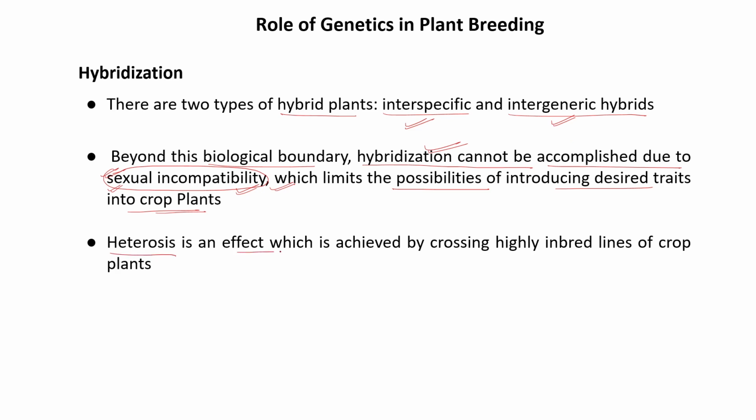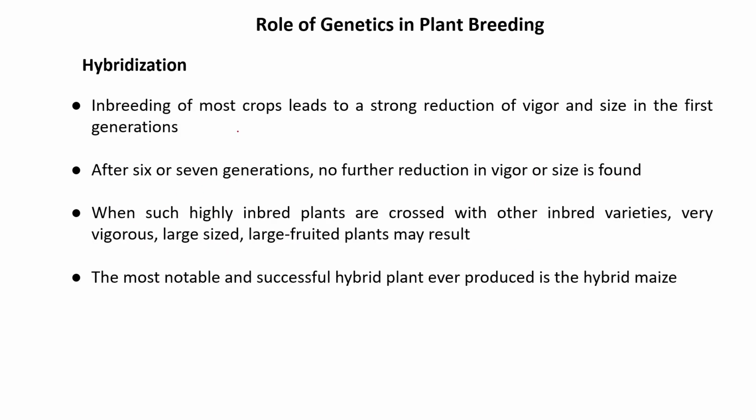Heterosis is an effect which is achieved by crossing highly inbred lines of the crop plants. Inbreeding of most crops leads to a strong reduction of the vigor and size in the first generation. So sometimes inbreeding in most of the crops reduces the vigor and size.